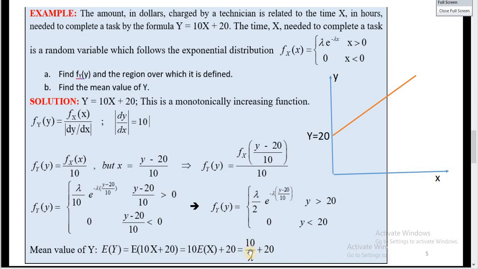And in a previous lecture we studied the exponential distribution and found that its mean value is 1 over lambda. So the expected value of the exponential distribution is 1 over lambda. So the expected value of the income per job of this technician is 10 over lambda plus 20.